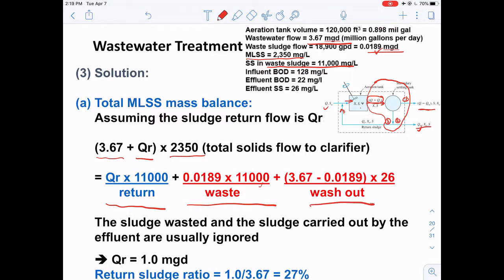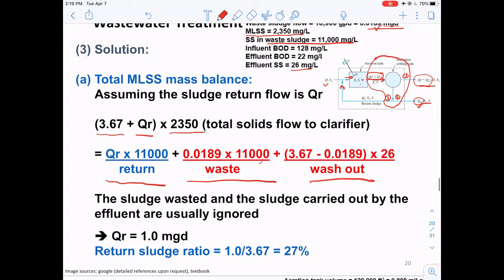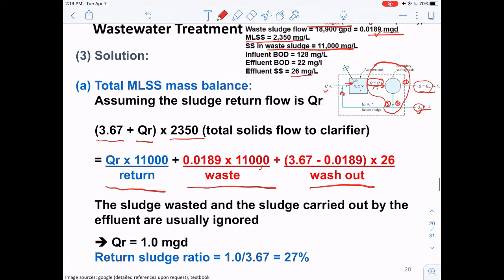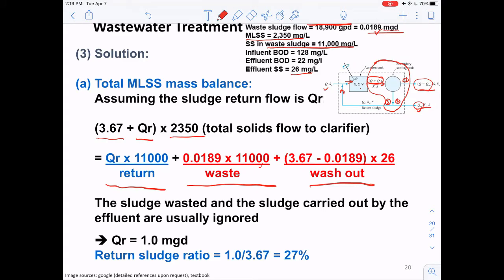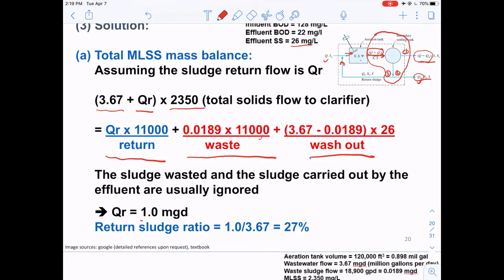That is the washout, calculated by the effluent flow rate, which is the total wastewater flow rate minus the wasted sludge, multiplied by the suspended solid concentration of this stream, which is 26 here. After we set up this equation, you can see that QR is the only unknown. After rearranging it, we can calculate that QR is 1 million gallons per day.